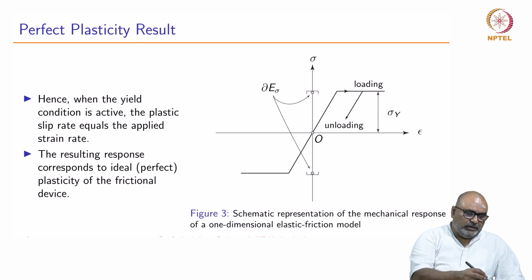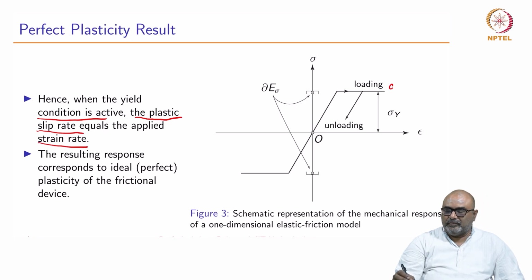When the yield condition is satisfied, the plastic slip rate is equal to the applied slip rate when dF is equal to 0, which is a case of neutral loading, a case of ideal plasticity, and this resulting response corresponds to an ideal perfectly plastic device.